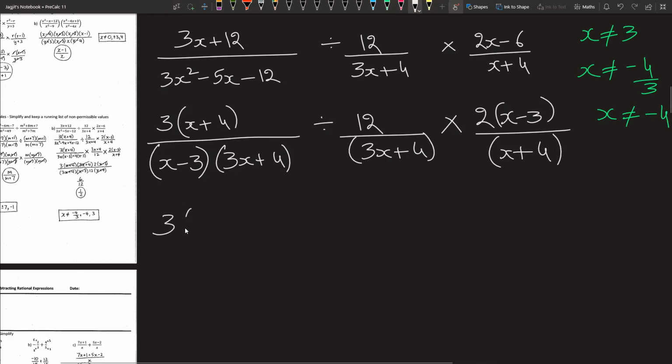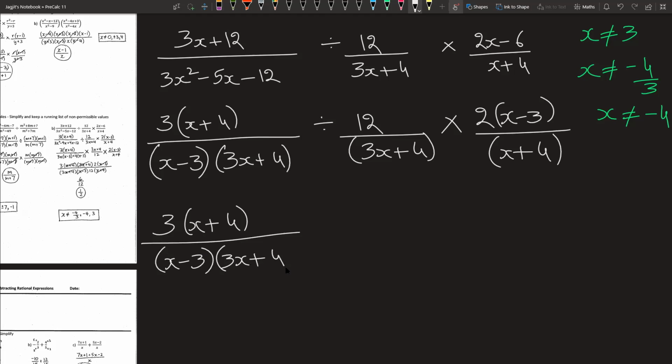Okay. And guys, in the next step, we're going to change this division to multiplication. So what happens? So this is going to be 3 times x plus 4 divided by x minus 3 times 3x plus 4. We change this division to multiplication. What happens? The bottom term goes to the top, and the top term comes to the bottom. So we have 3x plus 4 divided by 12.